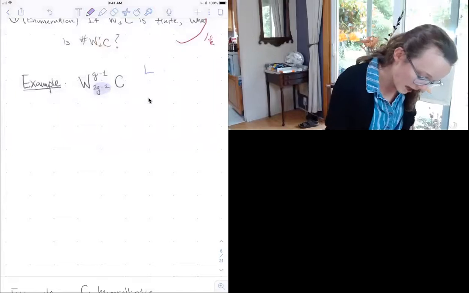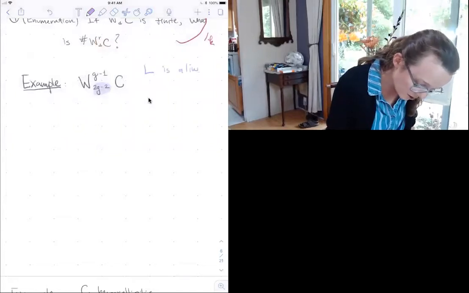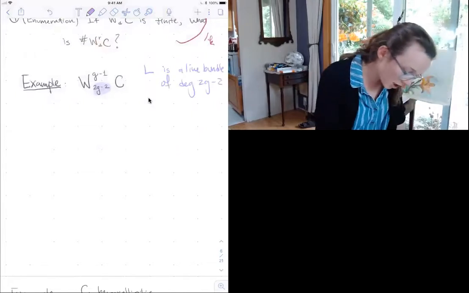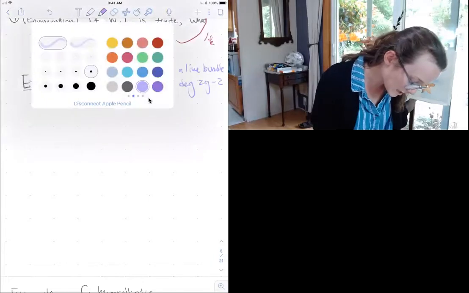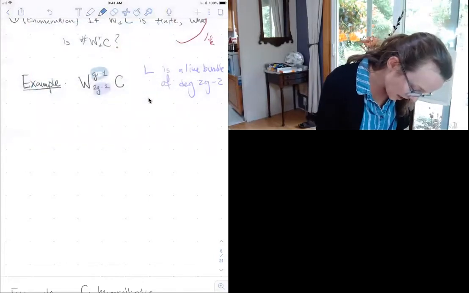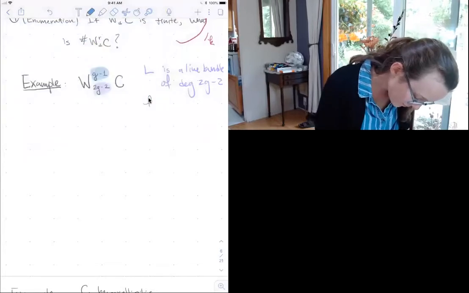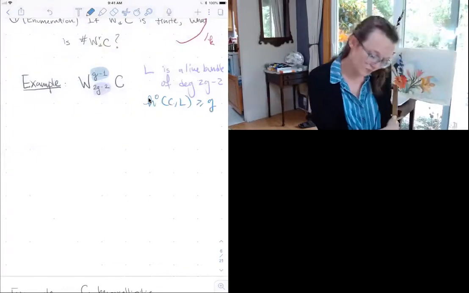Say L is a line bundle of degree 2G minus 2 on the curve, and this index G minus 1 is saying that H^0 of L is at least G.